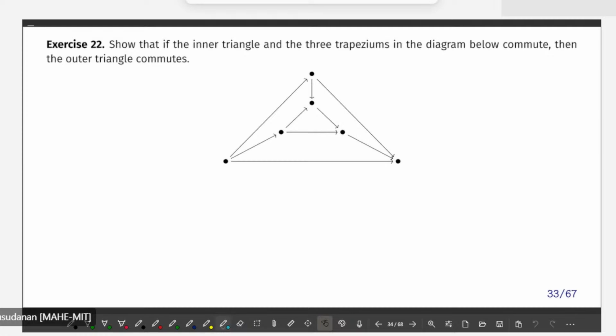Similarly, if the inner triangle commutes and the three trapeziums, that is, these are what I mean by trapeziums, commute, show that the outer triangle commutes. So what you're given is this.